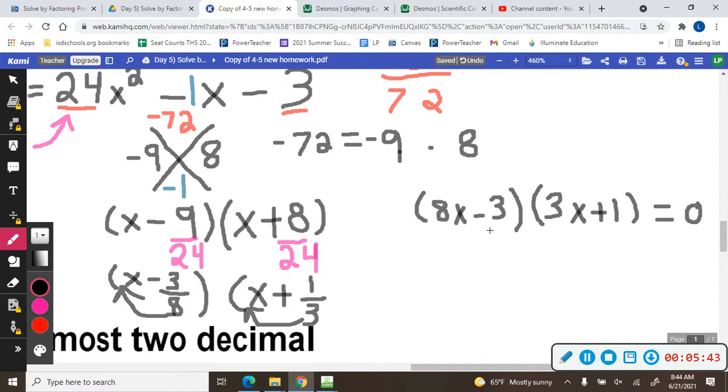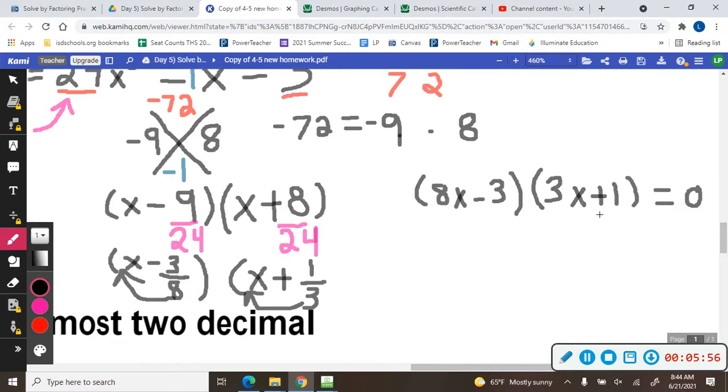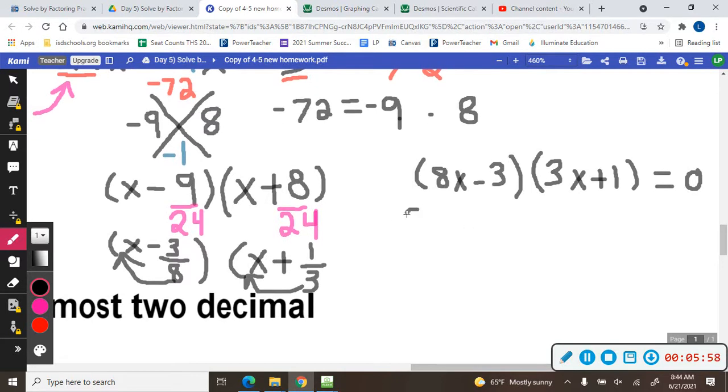And I've been doing these a long time, so I could do this in my head. It's always the opposite of this divided by that. So this is going to be x equals 3/8. Opposite of this divided by this, x equals negative 1/3. But I'll show you the work. So I set this equal to 0.